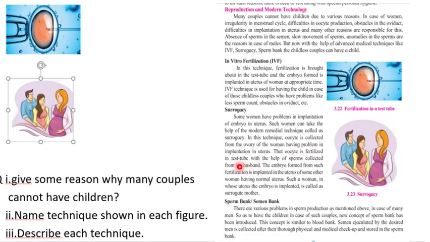That oocyte is fertilized in a test tube with the help of sperm collected from the husband and the embryo formed from such fertilization is implanted in the uterus of some other woman having a normal uterus. Such a woman in whose uterus the embryo is implanted is called the surrogate mother.